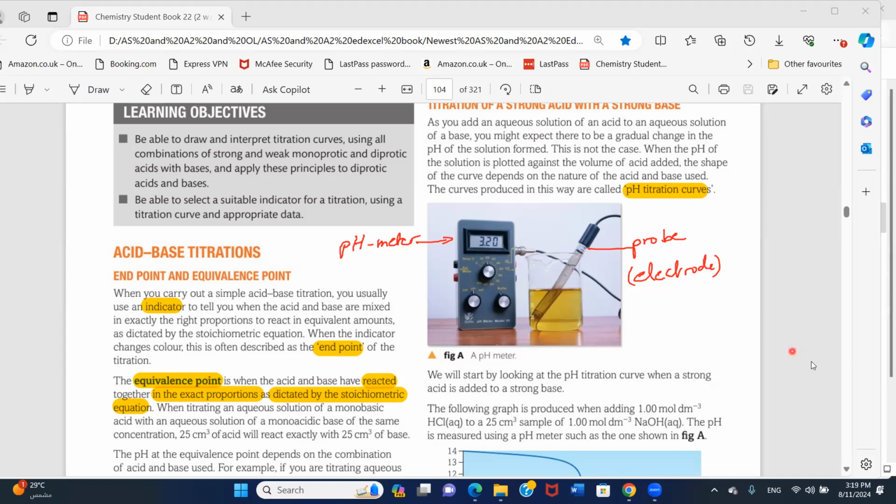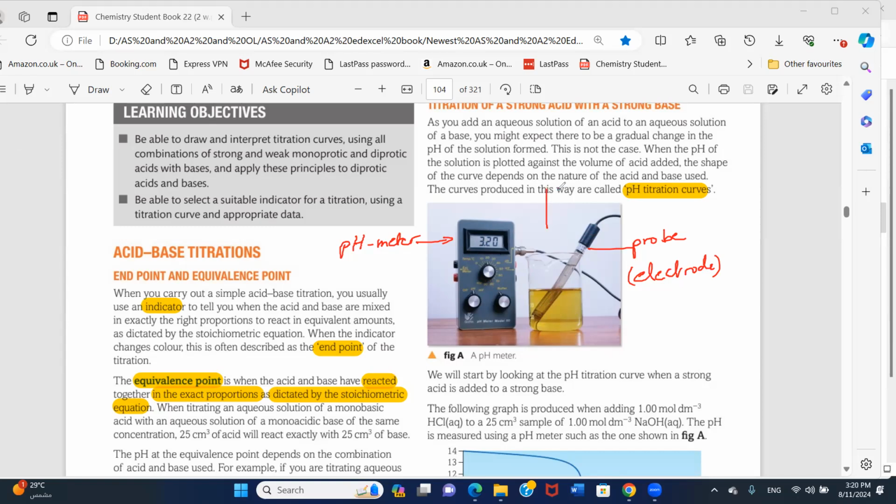So here it is clear that since the pH is 3.2, this means that this is an acid. They placed an acid and they placed the electrode, and as soon as we place the electrode of the pH meter in the solution, it will read the pH. Now, as we said before, the pH is minus log the hydrogen ion concentration.